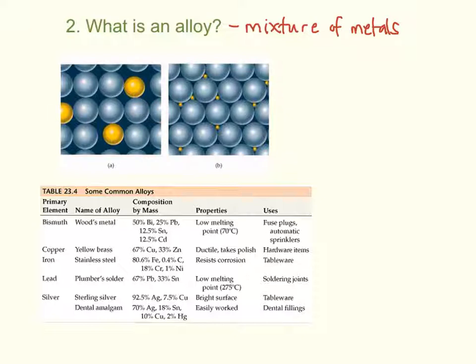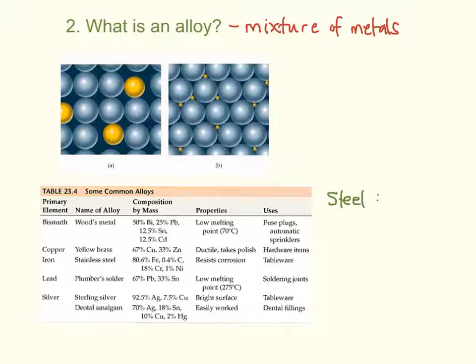Or you could have something like solder. Solder is an alloy of lead. You guys have probably heard of solder. Again, it's lead atoms with some tin atoms mixed in. Another alloy that's not listed on here would be something like steel. I'm sure you've heard of steel.